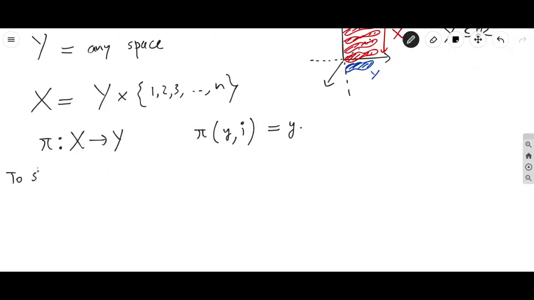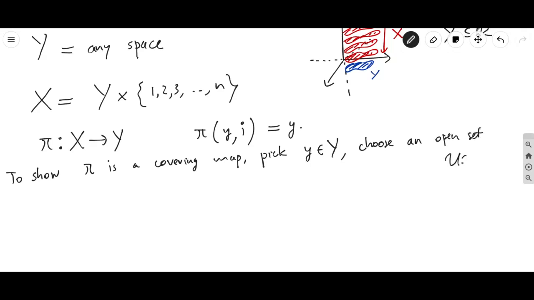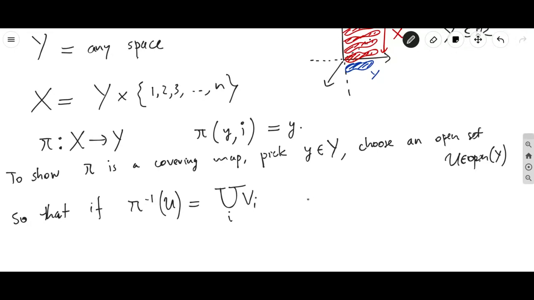To show that pi is a covering map, we pick y in Y, and we need to choose an open set U in Y, so that if you take the inverse image pi inverse of U and write it as a disjoint union of open sets E_i in X, then each E_i is mapped homeomorphically onto U by the covering map pi.